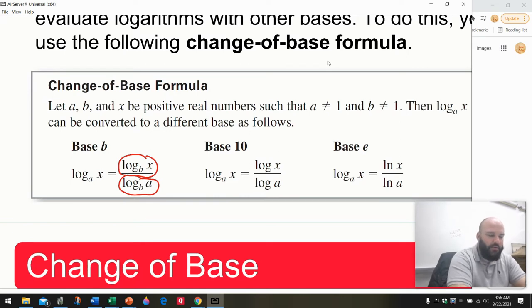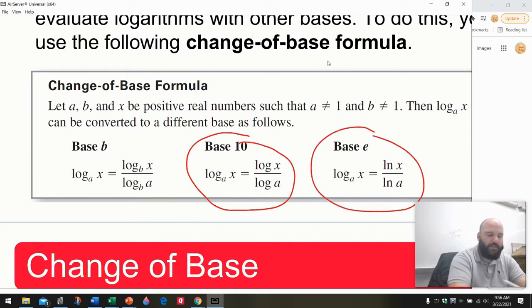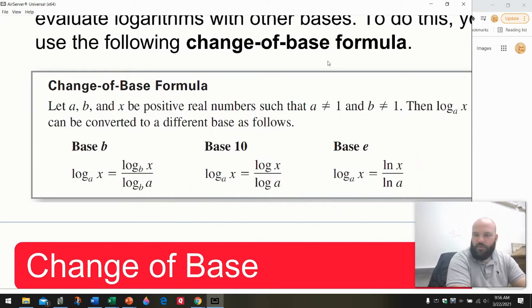Now that one might seem a little bit complicated, and to be honest, we probably won't use that one all that much. The one that we will be using a lot is this base 10 one, or the base e. And the reason why we'll be using those two more is because the calculator buttons are either base 10 or base e, for log and then natural log. And so what you can see here is we have log base a of x.